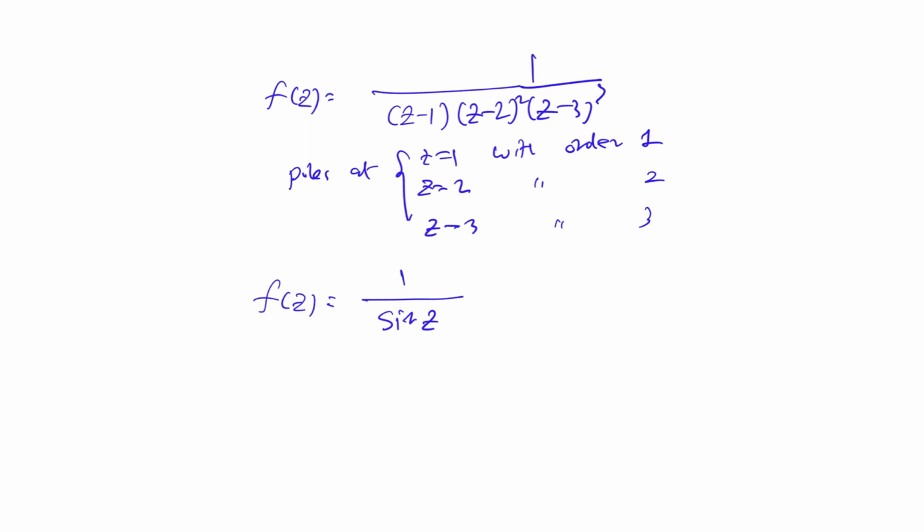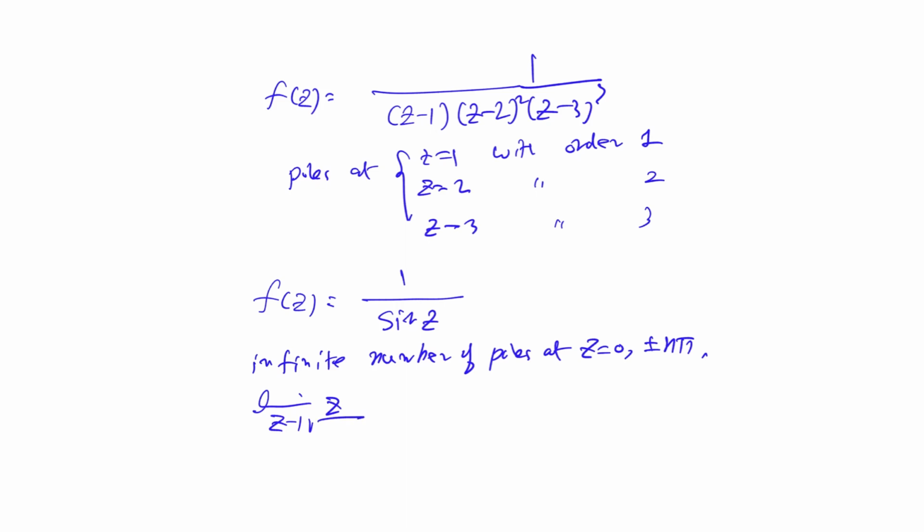So it does have an infinite number of poles: pi, minus pi, 2 pi, minus 2 pi, etc. How about the order? It is equal to, according to L'Hopital's theorem, 1. So it does have a simple pole.